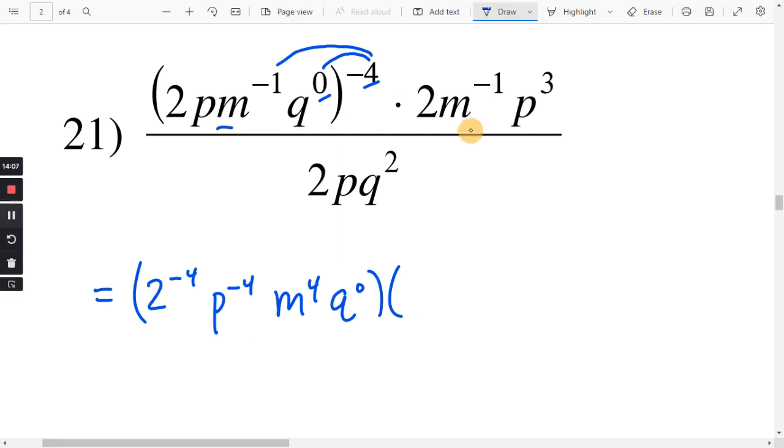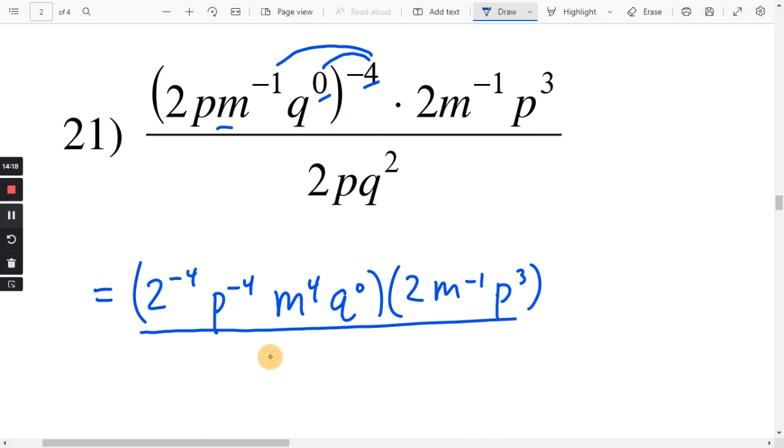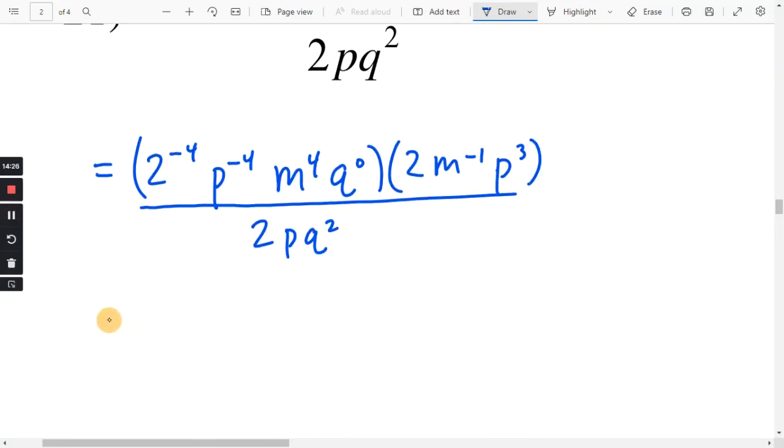Now for the second part, we have 2m to the negative 1, p to the 3rd. And on the bottom, we have 2pq squared. Okay. Now we can combine the 2's in the numerator, but we have a regular 2.